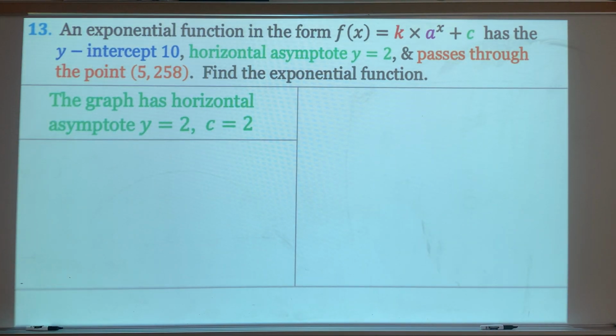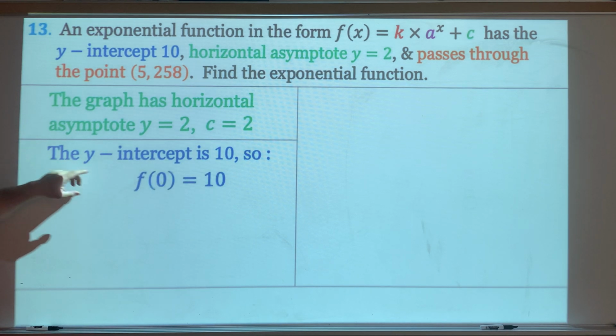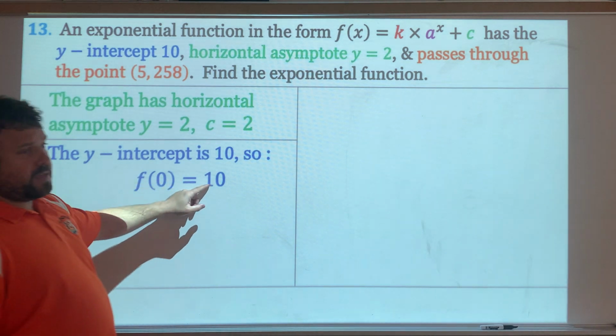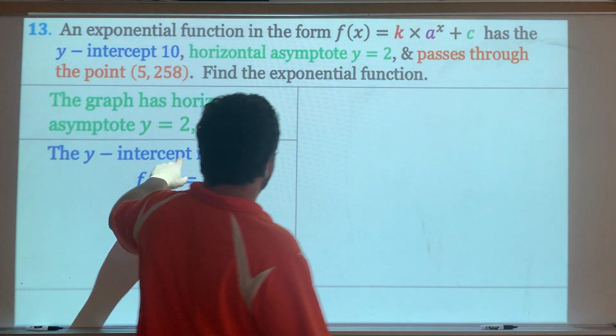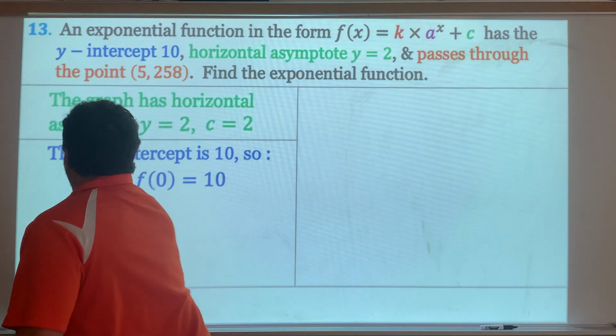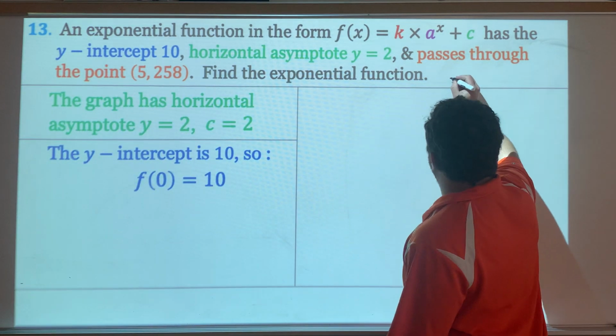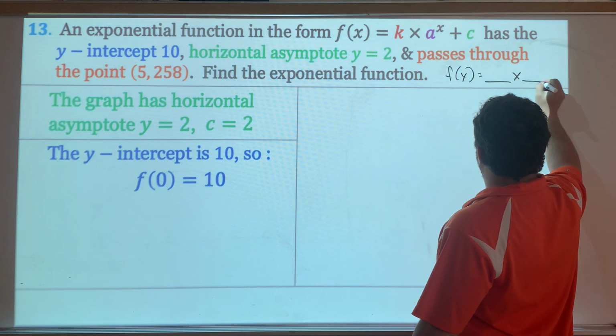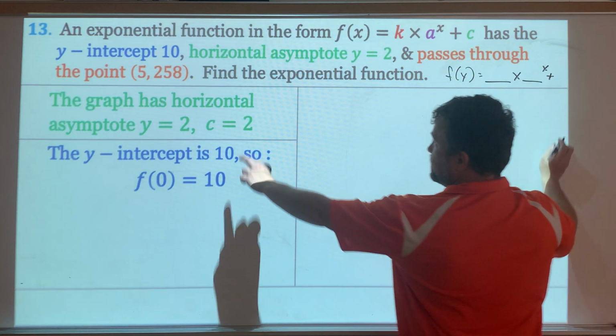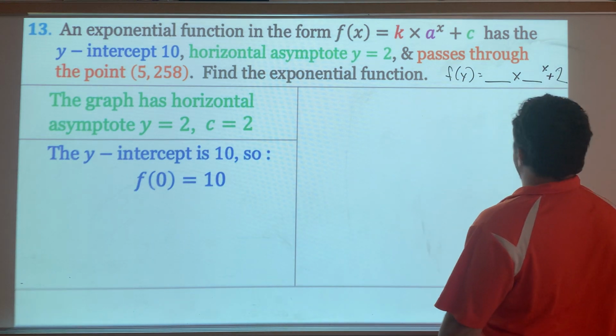Now, next we're going to use the y-intercept. Y-intercept is 10. So what does that mean? That means f of 0 equals 10, right? When x is 0, y is 10. So let's type this out. f of x equals k times a to the x plus c, which is 2, right?